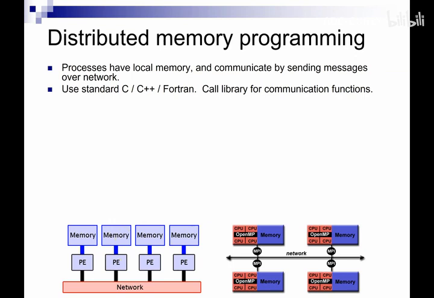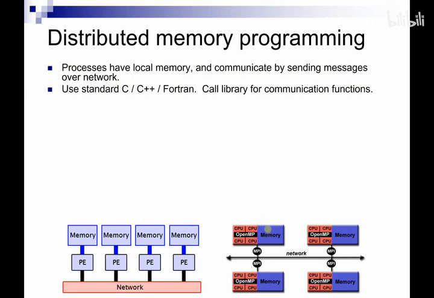I also want to look at the diagram on the right. Here we have a combination of a distributed memory architecture and a shared memory architecture. We have nodes, and each of these nodes has multiple CPUs in it. The node has a piece of memory, and all of the CPUs in a node can access any piece of memory from this chunk of memory.